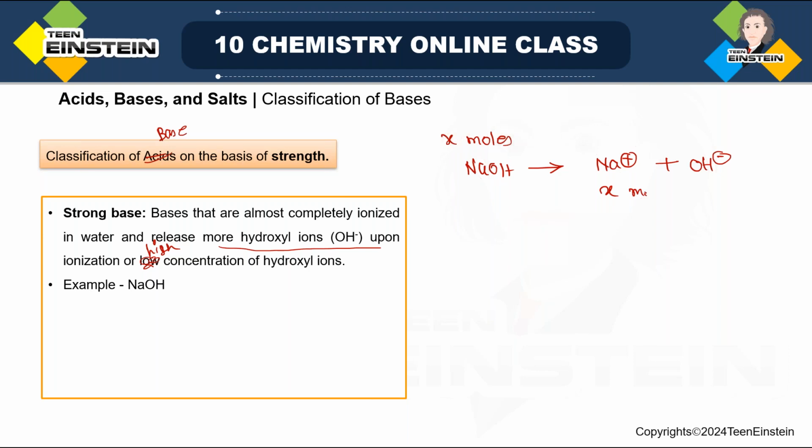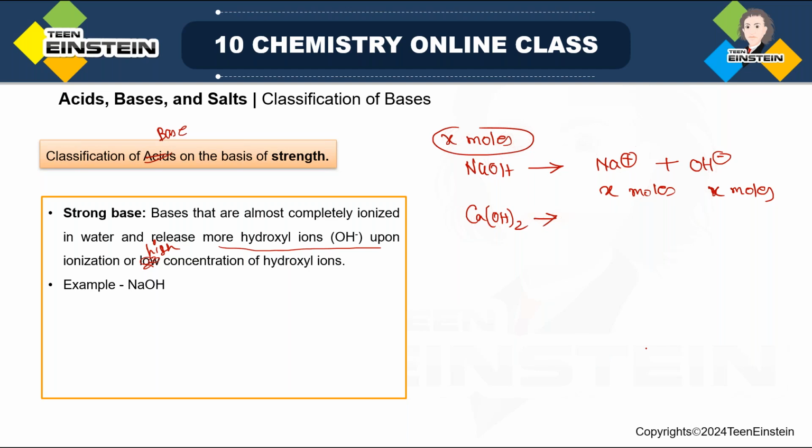This will be X moles and this will also be X moles, right? That means whatever amount you have started with, you will get exactly the same number of moles of OH minus. Now if it is diacidic, suppose instead of NaOH, I have taken another strong base like Ca(OH)2, then double moles of OH minus, because per mole of Ca(OH)2 there will be formation of double the amount of OH minus, right?